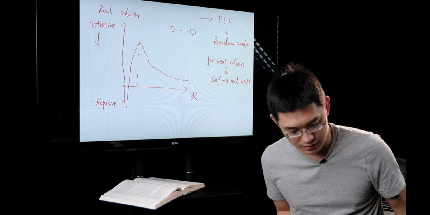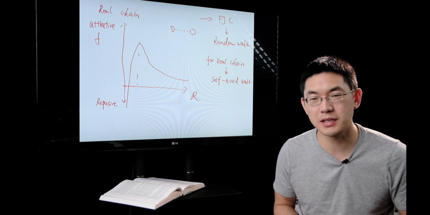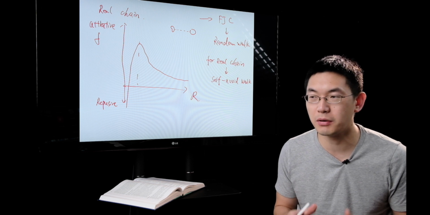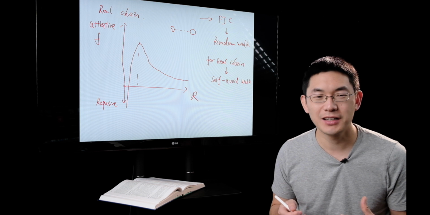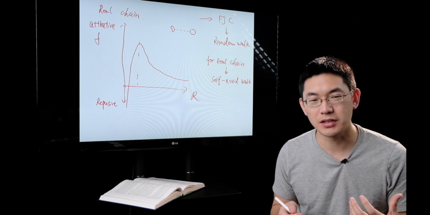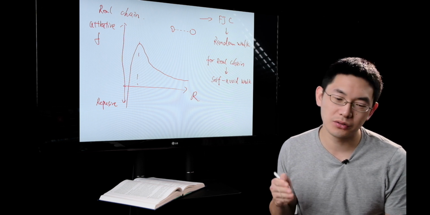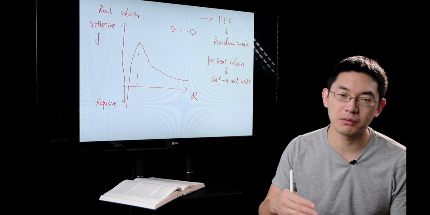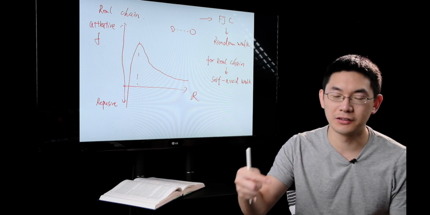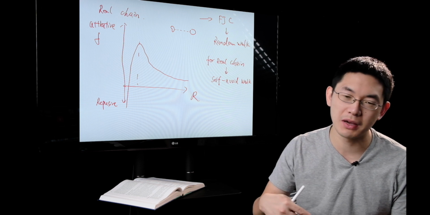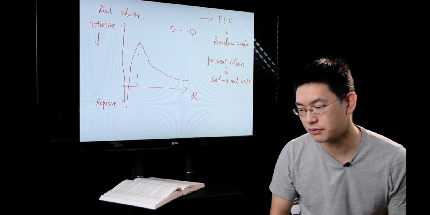Now it starts to make better sense. The self-avoiding walk represents much better what a real polymer chain is in three-dimensional space. A real polymer chain is basically a self-avoiding chain in good solvents, because as the degree of polymerization increases, you keep adding carbon bonds, and the next carbon atom will not reach back to where your original carbon atom is sitting, but will go in a different direction.